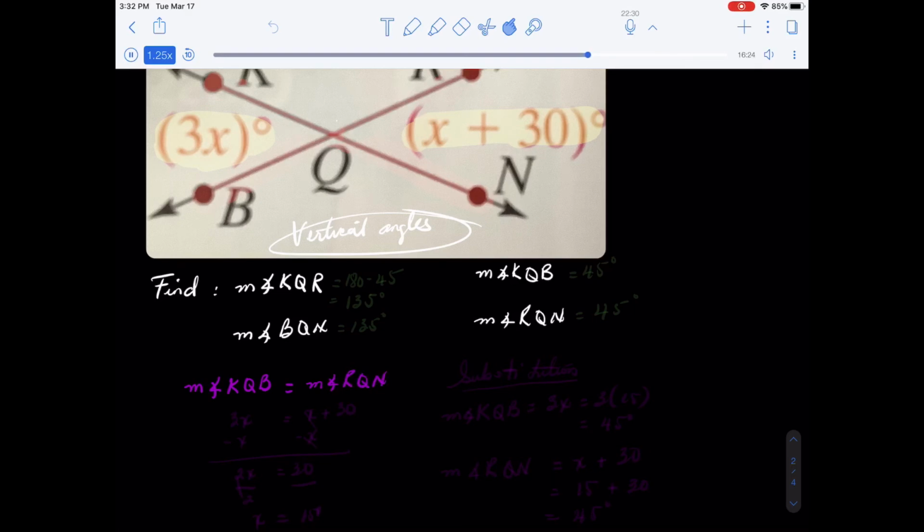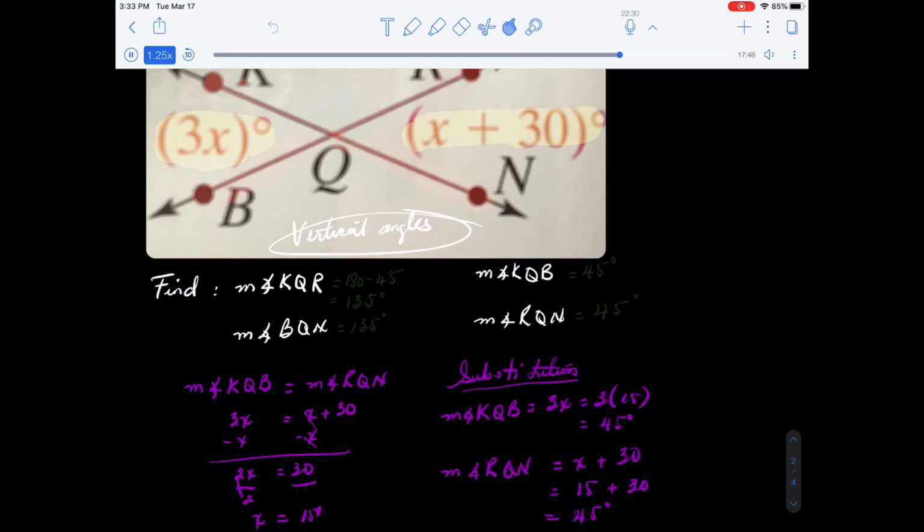If I know angle KQB is 3x, and I know angle RQN is x plus 30, then if I find out what x is, I'll be able to substitute it in and find the angle measurement. That's 2x equals 30. I divide both sides by 2. That should give me 15 degrees.